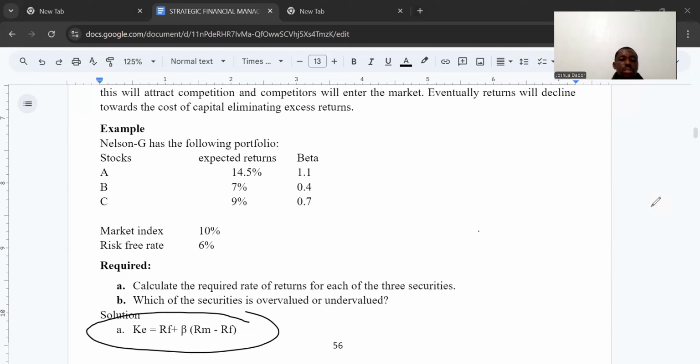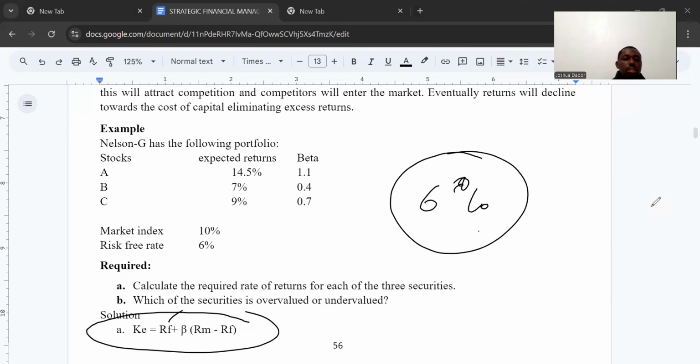So in this question, do we have the risk-free rate? Yes, the risk-free rate is 6%. And this risk-free rate applies to all securities in the markets, all companies in the markets. So we're assuming that this is company A, B, and C, or the stock of company A, B, and C. So the risk-free rate, which is 6%, applies to all securities in the markets.